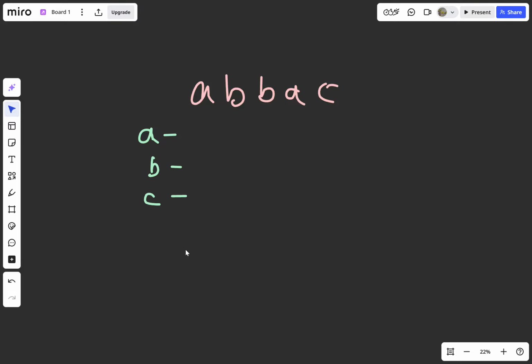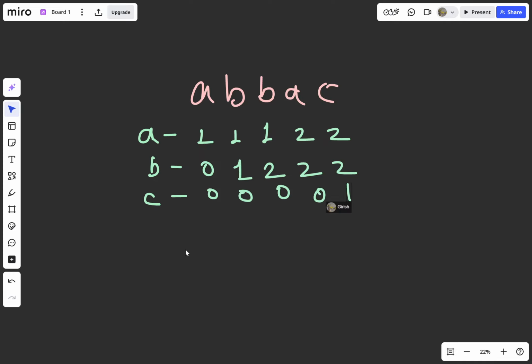So we take prefix counts, and the count of A will be 1, 1, 1, 2, 2, and so on. Now this is our count.